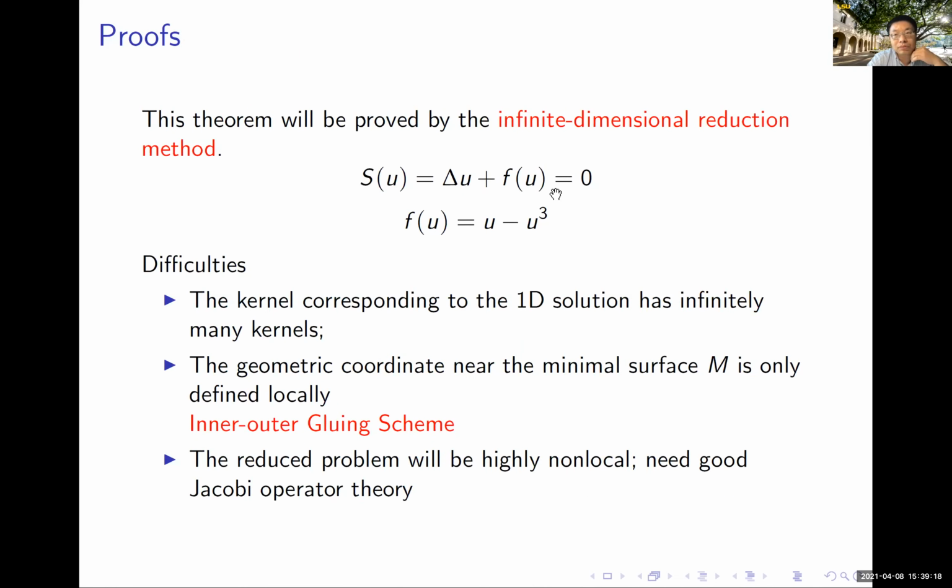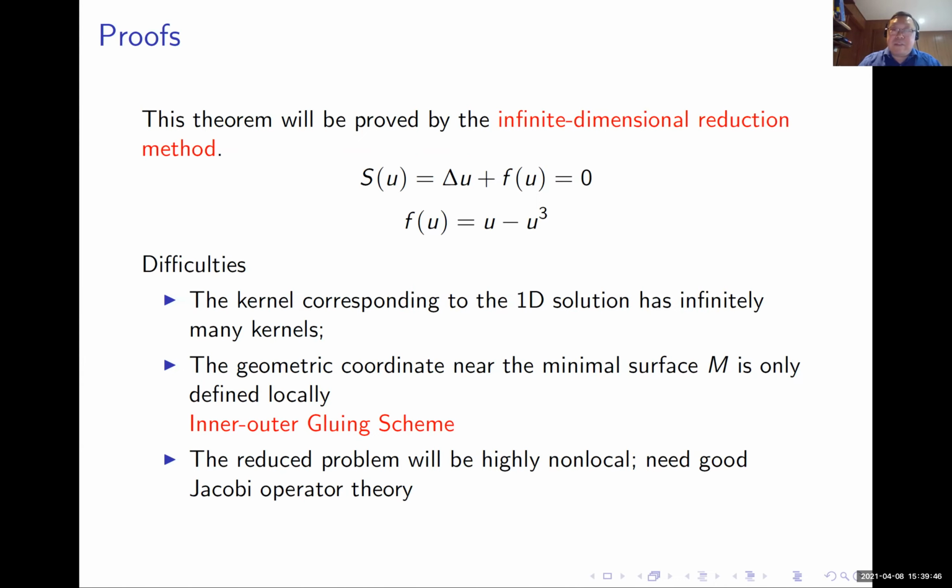So I will prove this by infinite dimensional reduction. Let me just use the notation f of u is u minus u cube; I don't want to write this all the way through the lecture. How do we use the infinite dimensional reduction? What are the difficulties? First, the kernel corresponding to the 1D solution has infinitely many kernels. The geometric coordinate near the minimum surface is only defined locally.